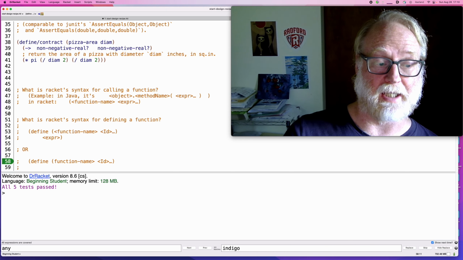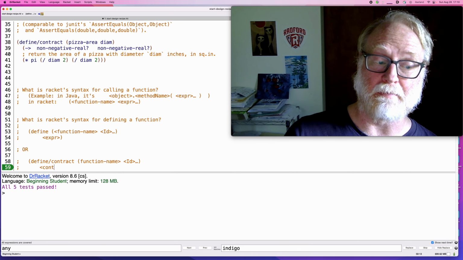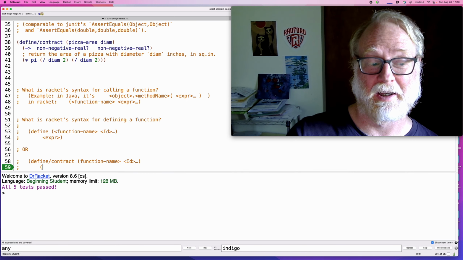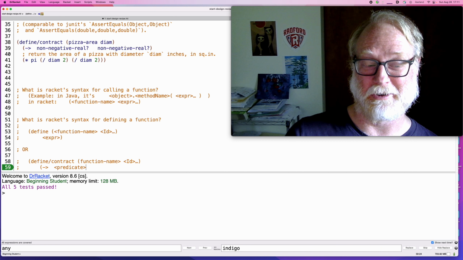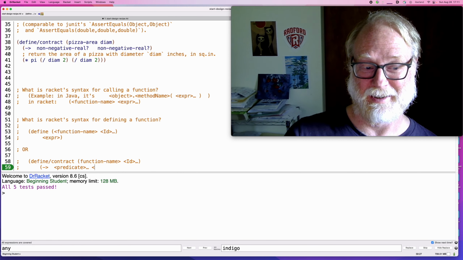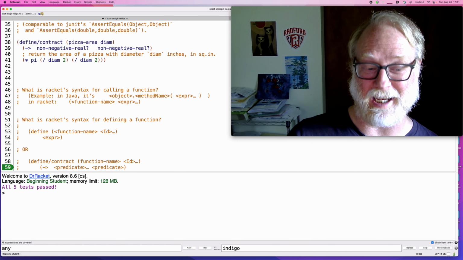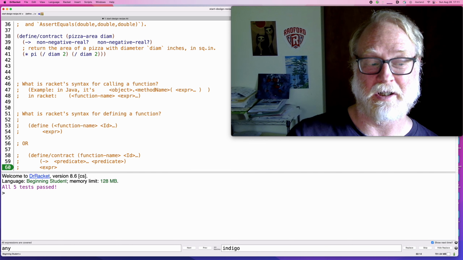So we could say define/contract, and then we put some particular contract. And what does the contract look like? The contract looks like this, followed by a predicate of the input types, and finally a predicate for the return type, and then an expression.